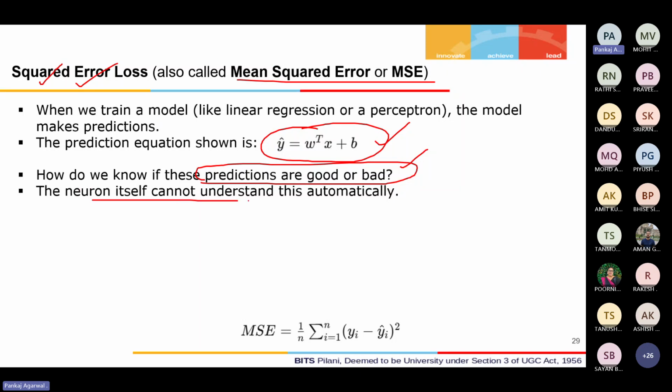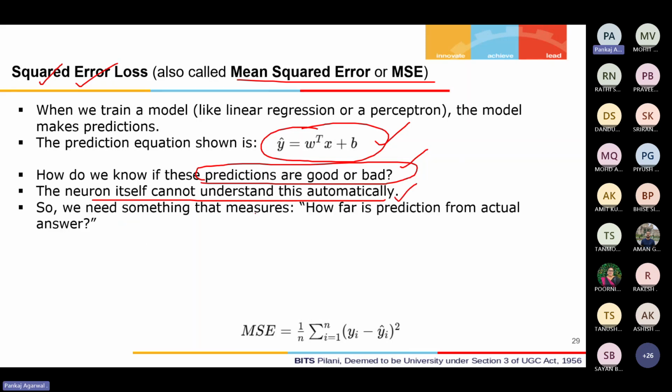The neuron itself cannot automatically understand whether the predictions are good or bad. So we need something that can measure how far the prediction is from the actual answer. This presentation is about squared error loss, why it is useful and how it is useful.